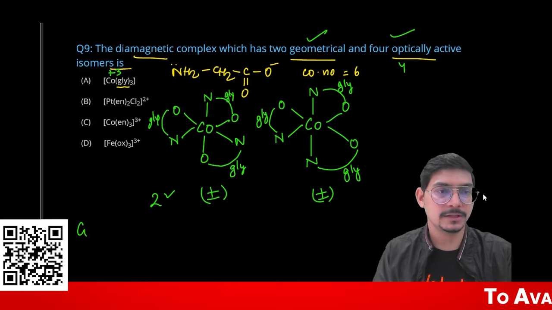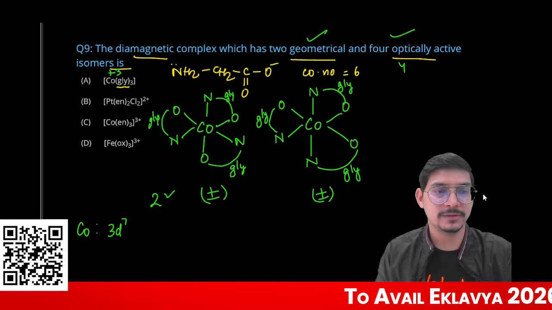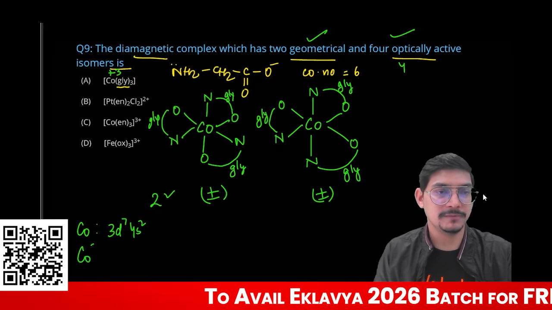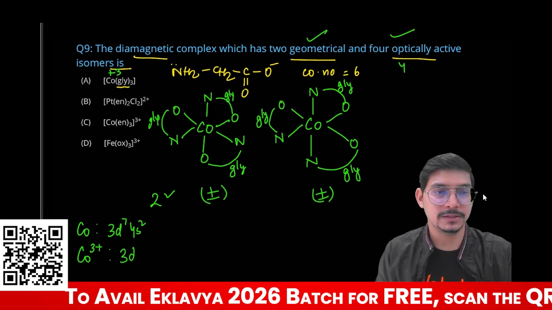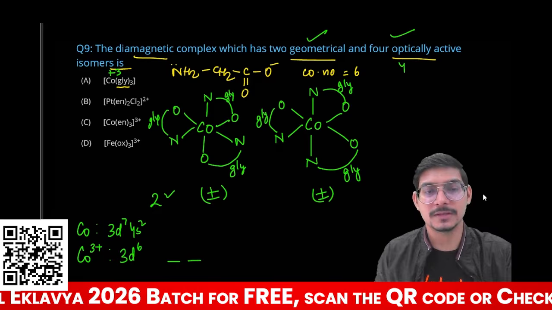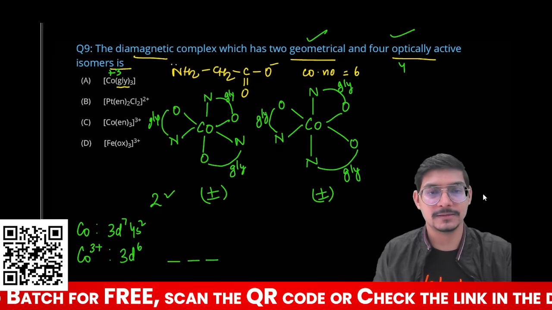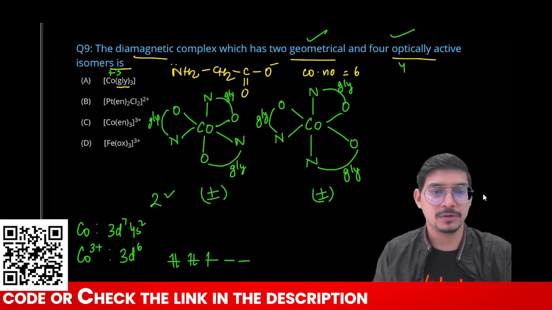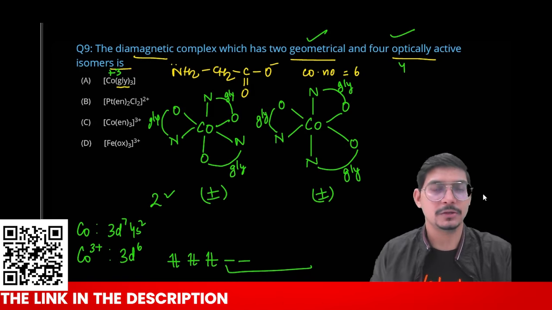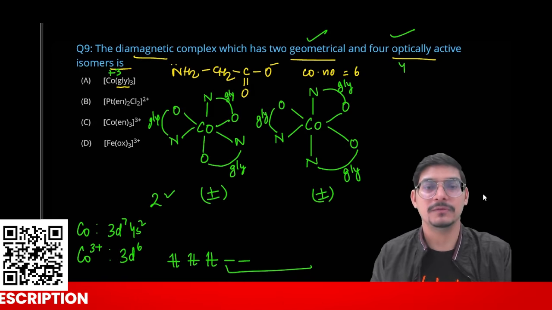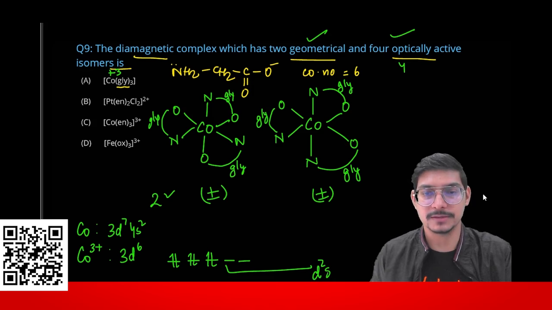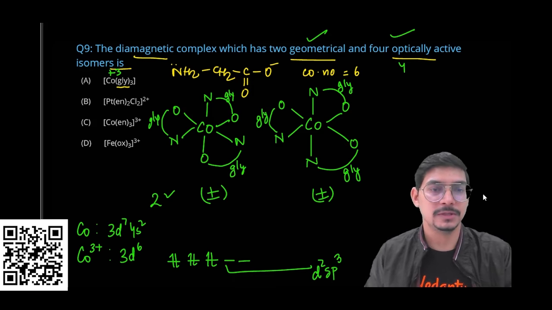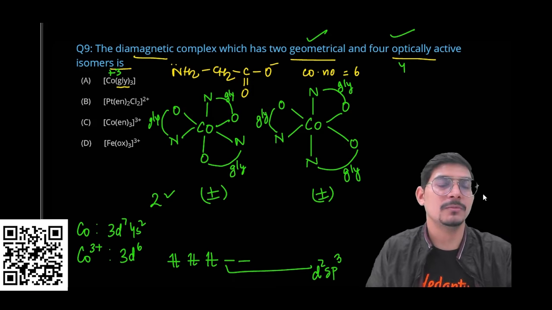Now in elemental state, cobalt is 3d7 4s2, which means that after losing 3 electrons, it becomes 3d6. Now because glycinate is a strong field ligand, the 6 electrons in the 3d subshell of cobalt would be paired, leaving the 2 remaining d orbitals available for hybridization, because of which the hybridization would be d2sp3. So yes, because there is no unpaired electron, this complex would be diamagnetic. Hence this should be a correct answer.